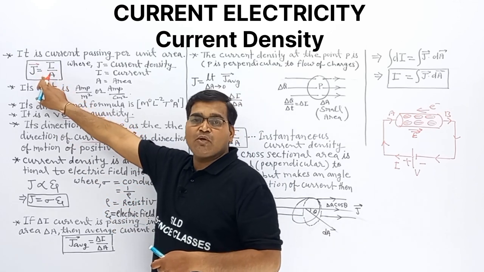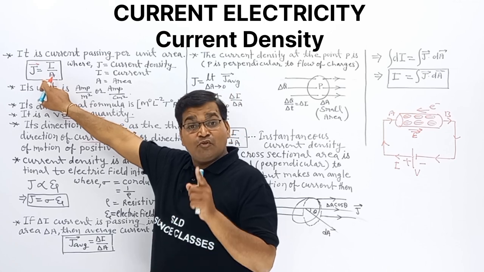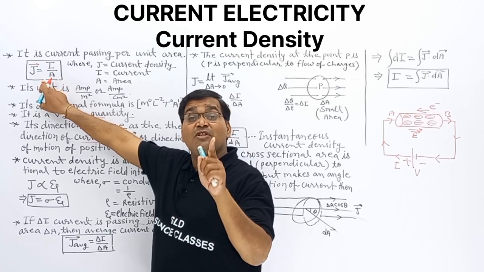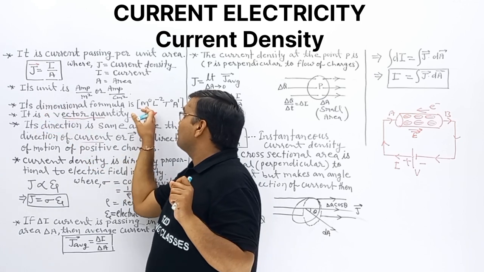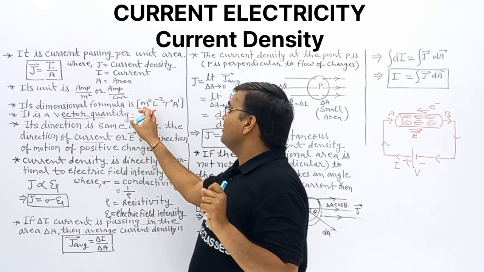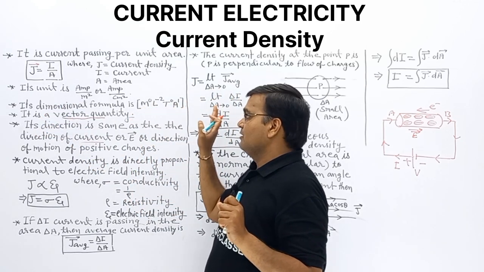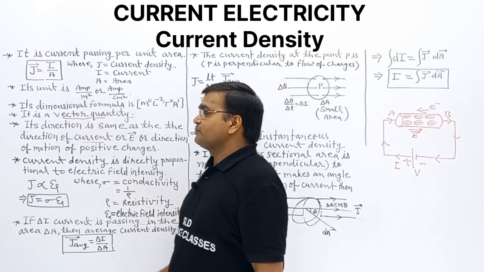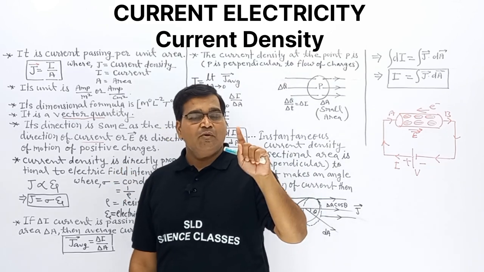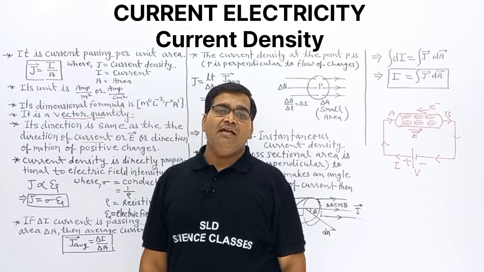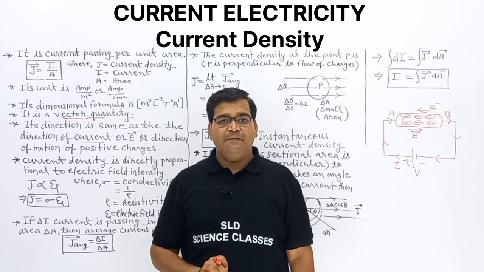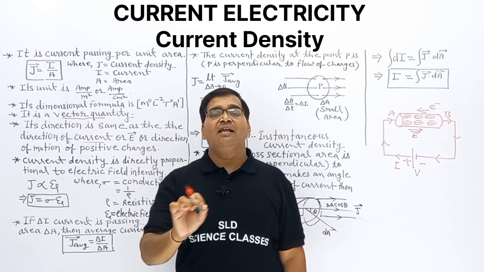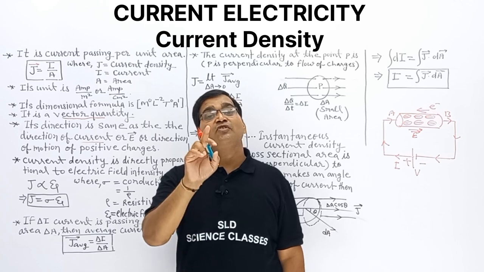It is a vector quantity, so its direction is the same as the current direction. Clear? And its dimension formula is L^-2 A^1.